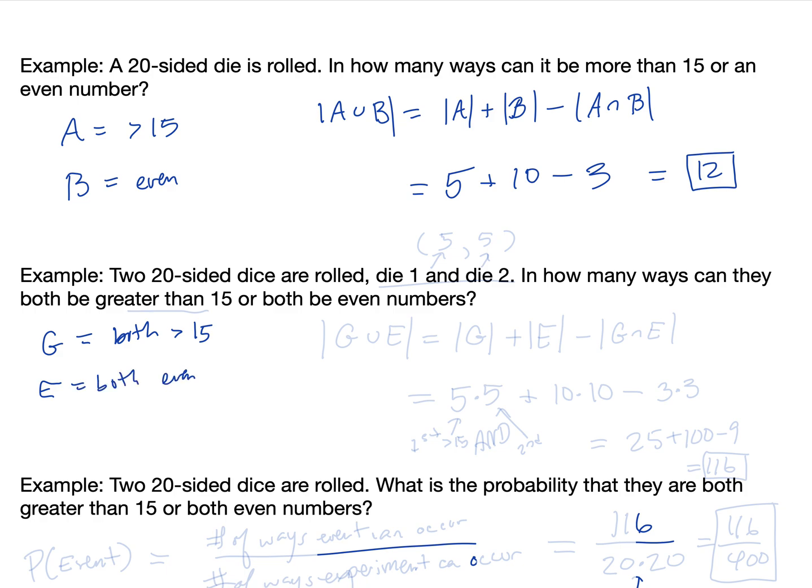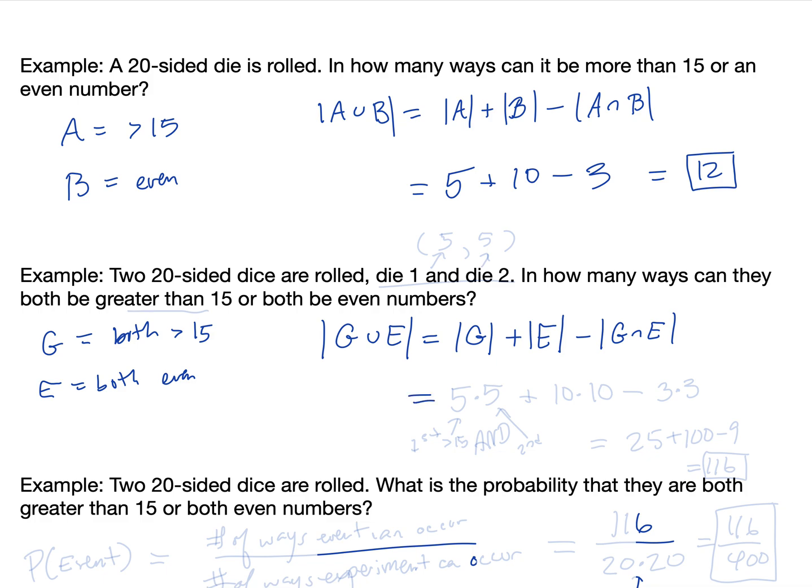So then the number of ways that G or E can occur is, again, using the inclusion-exclusion principle, the number of ways G can occur plus the number of ways that E can occur minus the number of ways that both can occur together, minus the number of times that these events were double counted, both in G and in E. And so let's think about this.